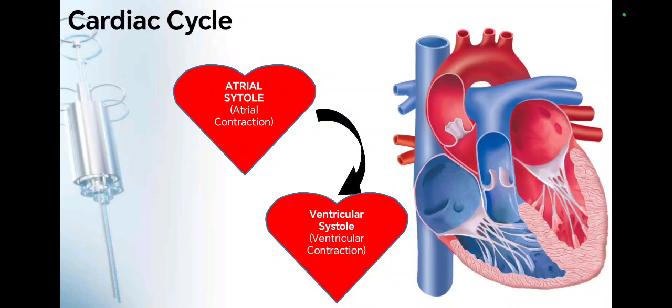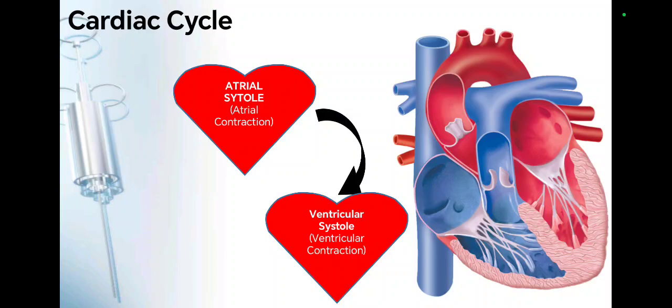Now, what happens during the ventricular systole? At the right ventricle, during its contraction, it gives the deoxygenated blood through to the lungs. And then on the left ventricle, remember, the left atrium received the oxygenated blood from the lungs.